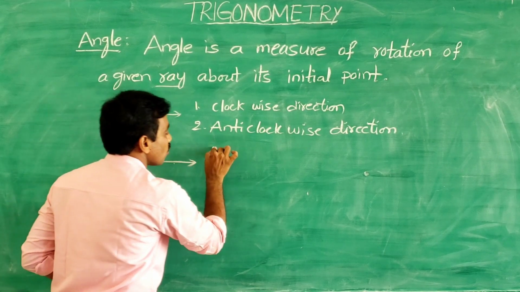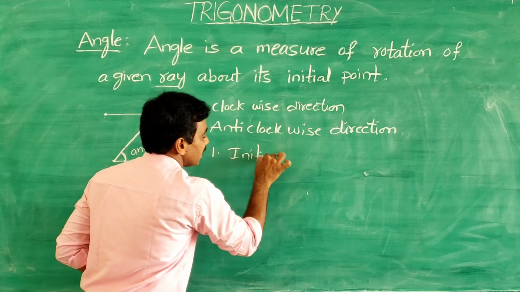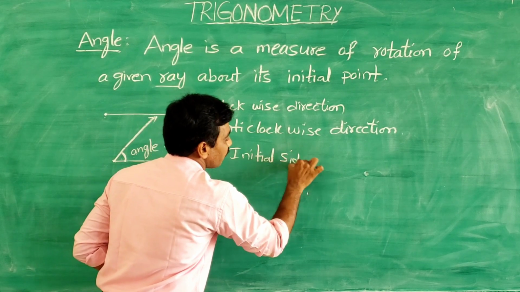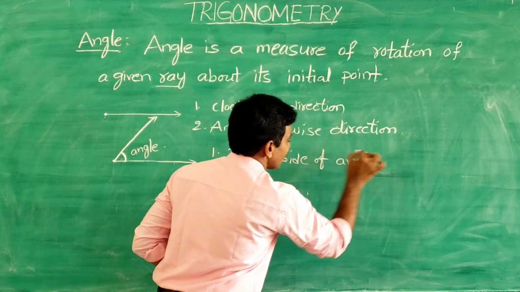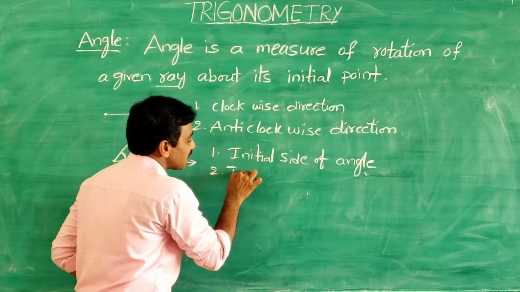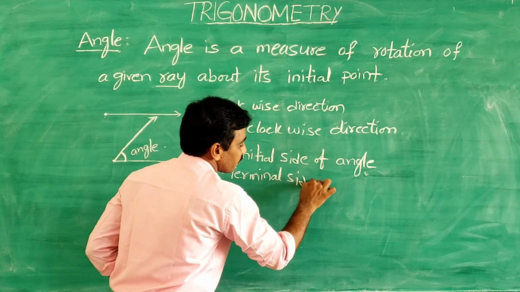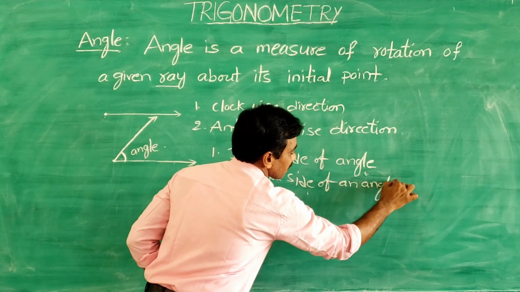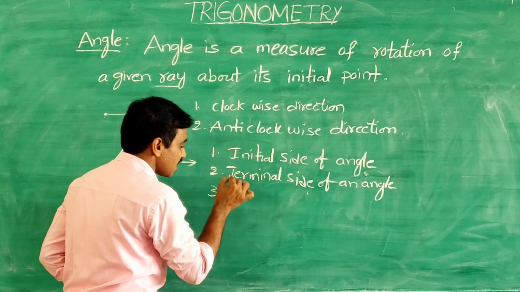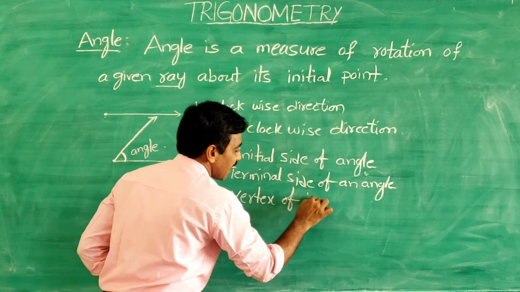One is the initial side of an angle. Second one is the terminal side of an angle. Third one is the vertex of an angle.